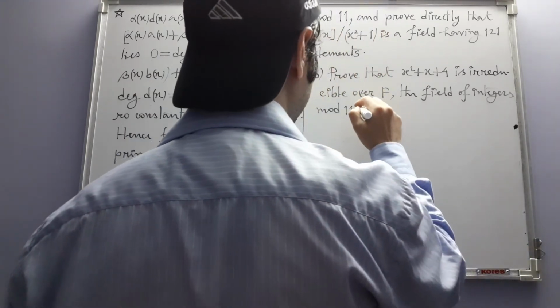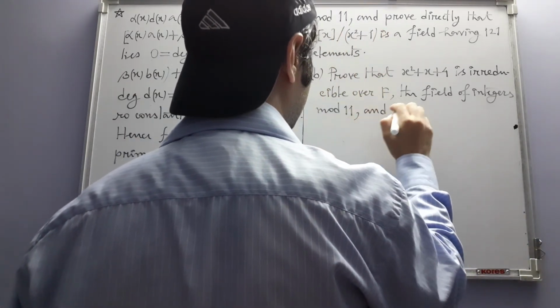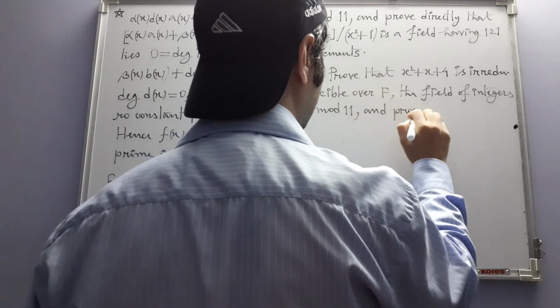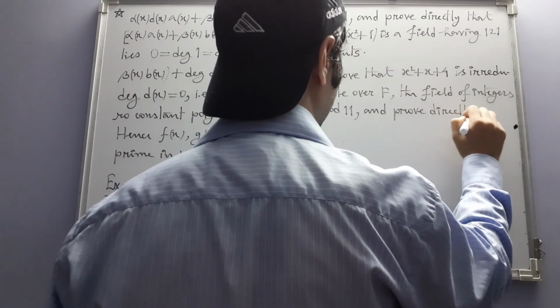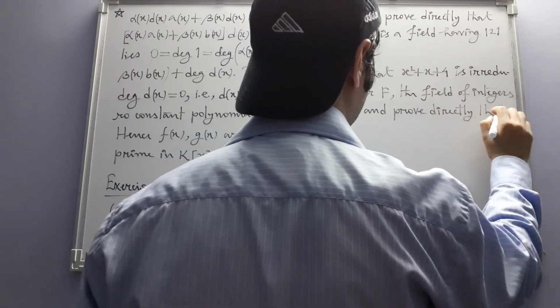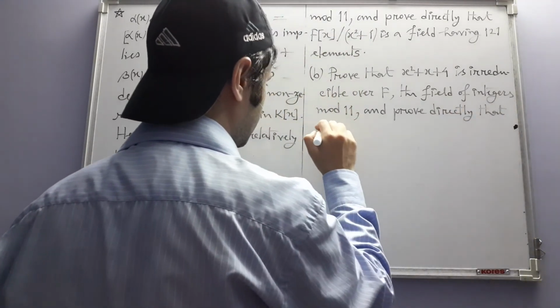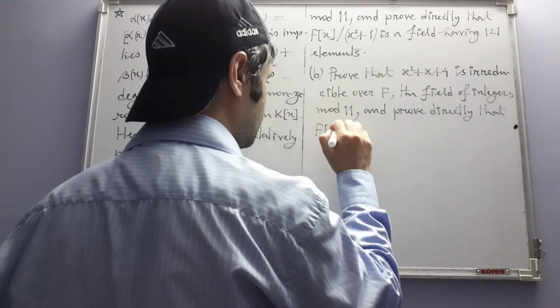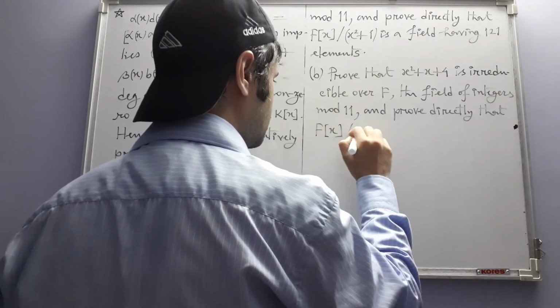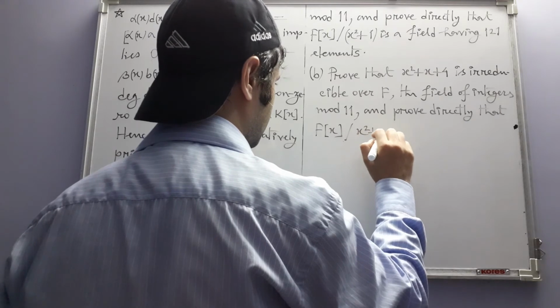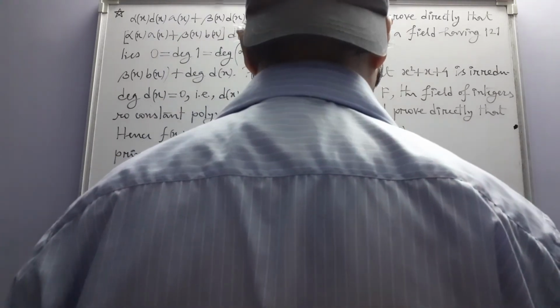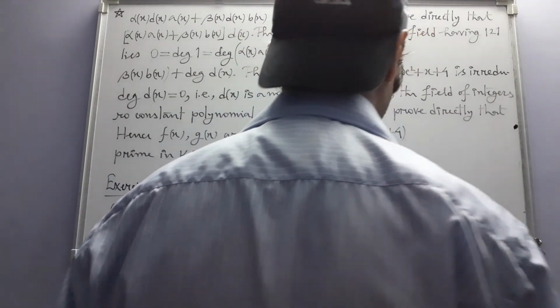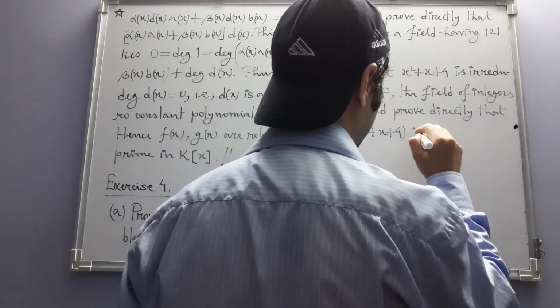And prove directly that this quotient is a field again having 121 elements.